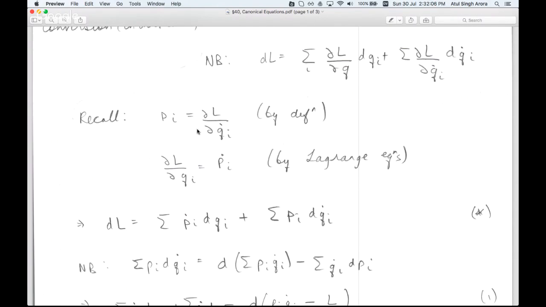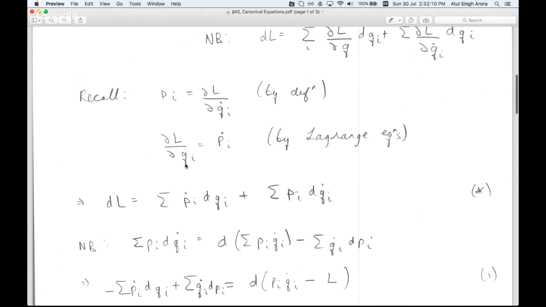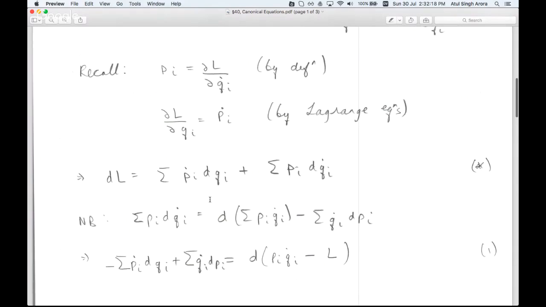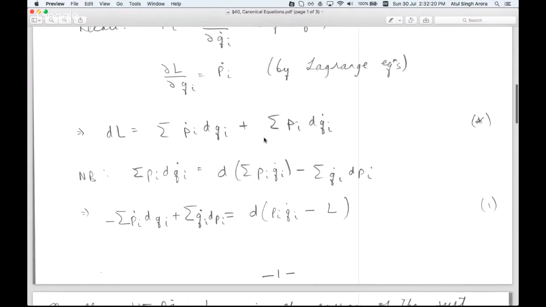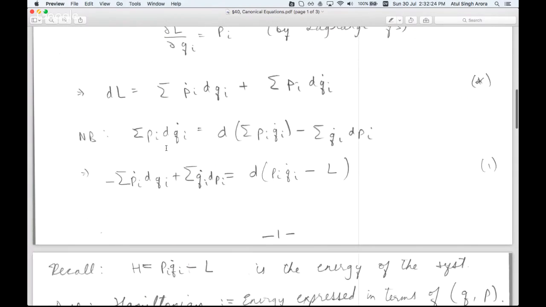Now recall that pi by definition is ∂L/∂q̇, and ∂L/∂q is ṗi, and this follows from the Lagrange equations earlier. So if you plug these in, you get dL equal to the summation of ṗi dqi plus pi dq̇i. Also recall that you can write this as a total derivative and subtract off another term.